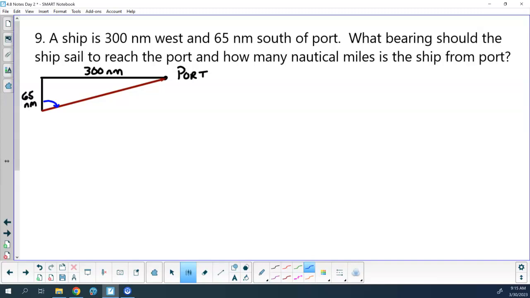Again, words matter. If we were going from the port to the ship, if we needed to send a rescue boat out, that would be a different bearing angle than if we were going back to port. What do you want to find first? Angle or distance?